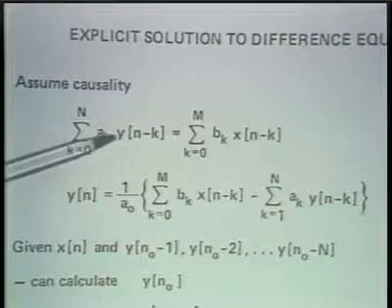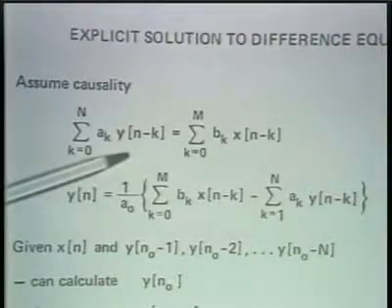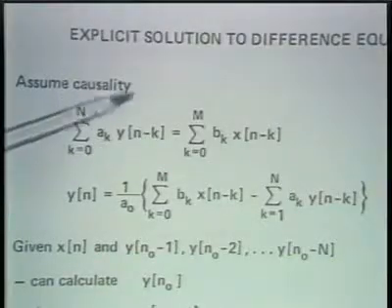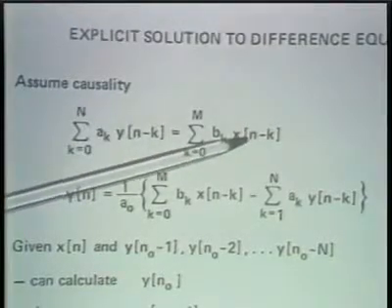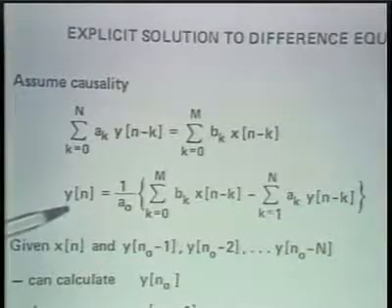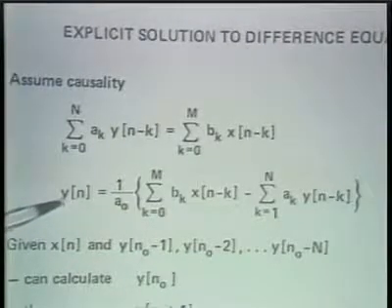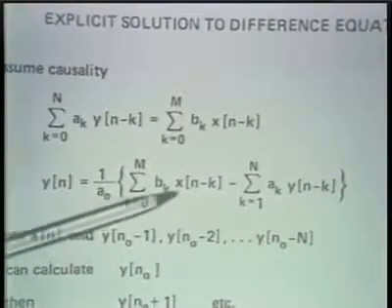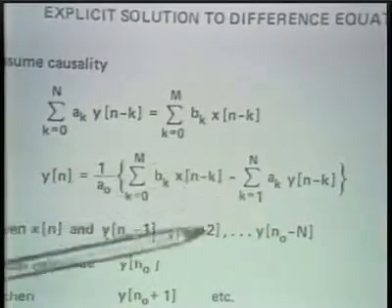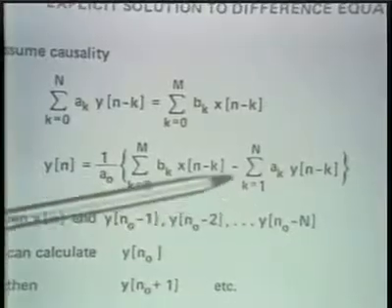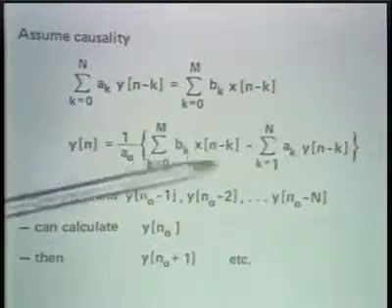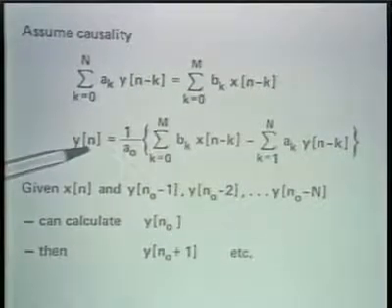Well, we can simply rearrange this equation, solving for y of n, the leading term with k equals 0, taking all of the other terms over to the right side of the equation, and we then have a recursive equation, namely an equation that expresses the output in terms of prior values of the input, which is this term, and prior values of the output. And so if we have this equation running, then once it's started, we know how to compute the output for the next time instant.